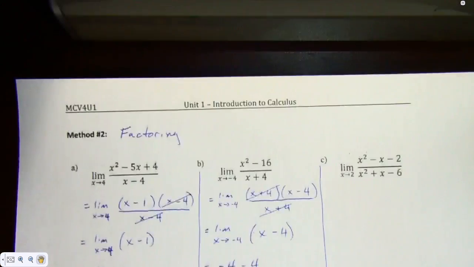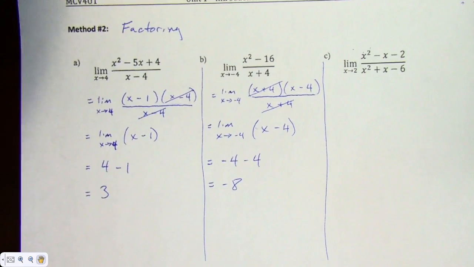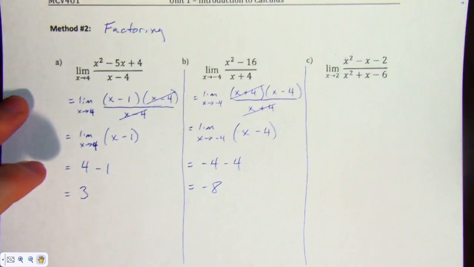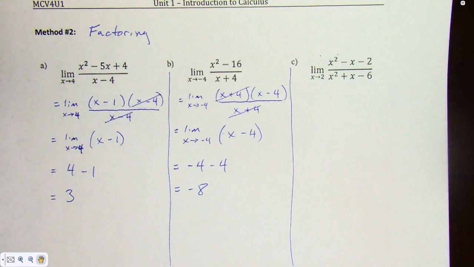So method number 2. If you've been paying attention for the last couple of years, this one's actually fairly easy as well. However, a lot of people do have some troubles with factoring. So this is no time like the present to make sure you know what you're doing when you're factoring.